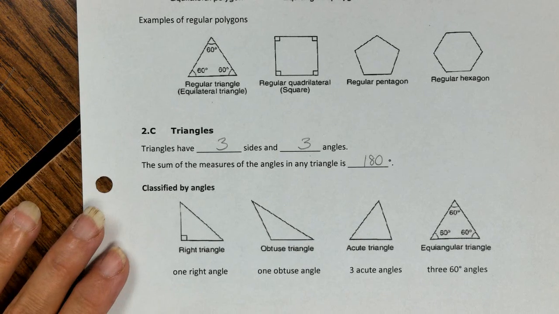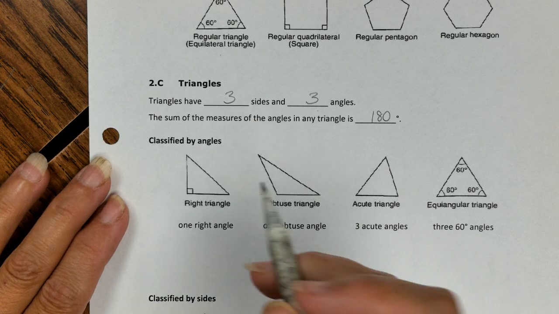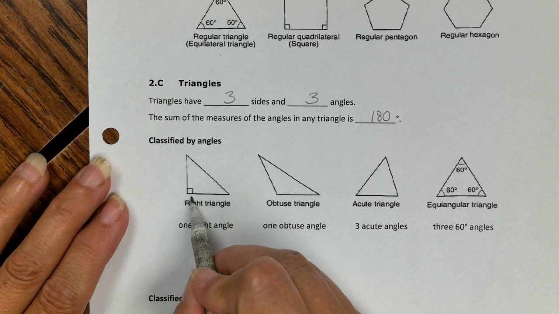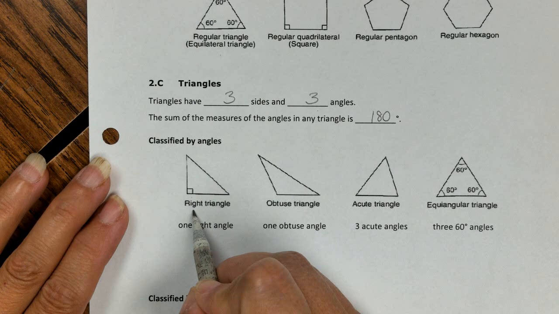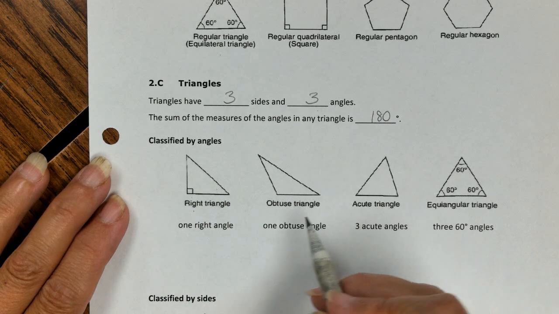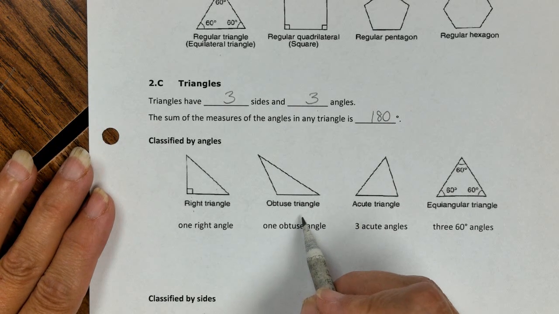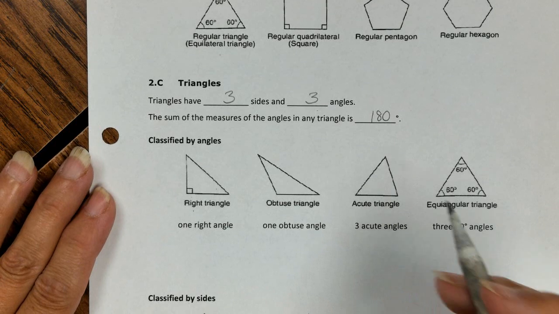Okay, we can classify triangles by their angles. Okay, if it has a right angle, we call it a right triangle. The other 2 angles are acute. Okay, if it has one obtuse angle, it's called an obtuse triangle. The other 2 angles are acute.